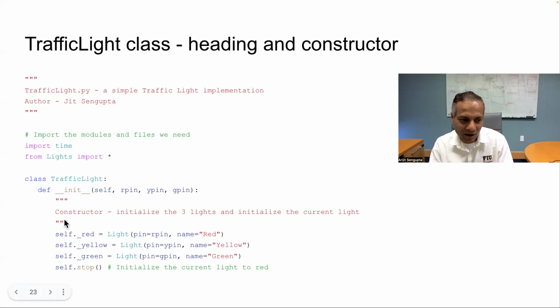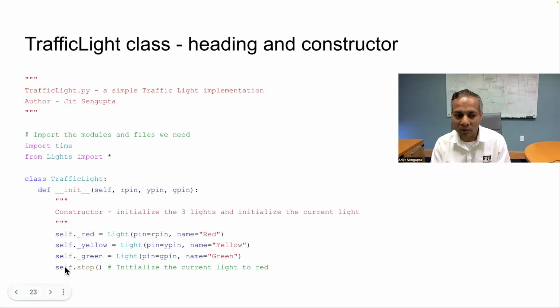Again, you have a comment that describes what this method is going to do. Since the init method, the constructor, basically does some initialization, and my traffic light has 3 lights, a red light, a yellow light, and a green light, I initialize all of them, and I call the stop method. Now, I haven't defined it yet, but we will define it soon. In object-oriented design, remember, there is no concept of sequence, so you can call something that you haven't defined yet.